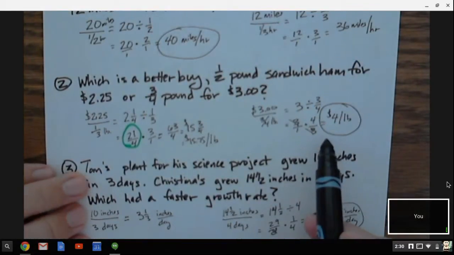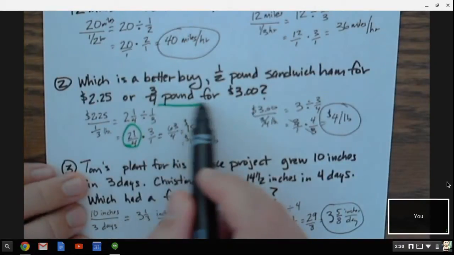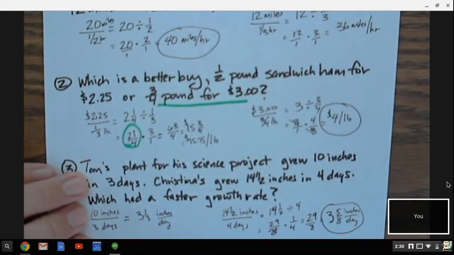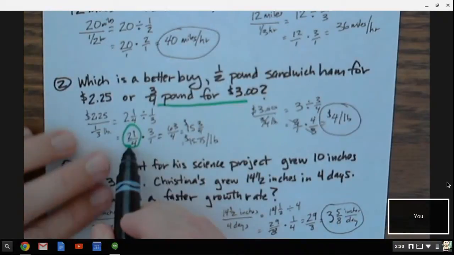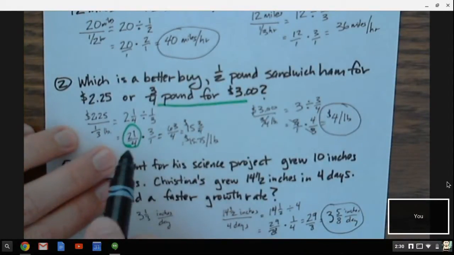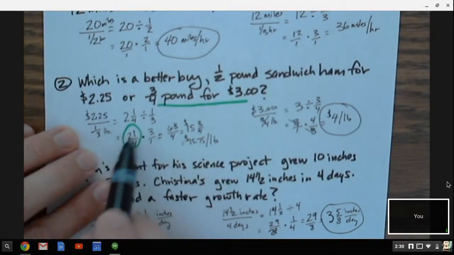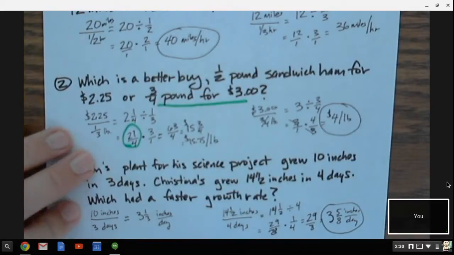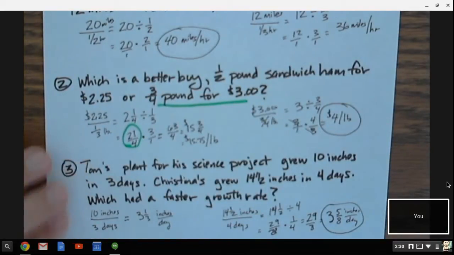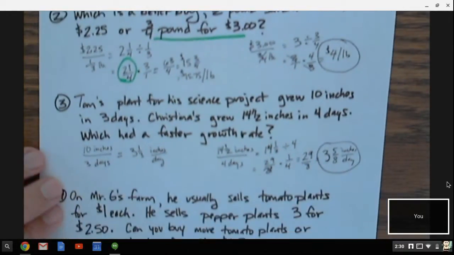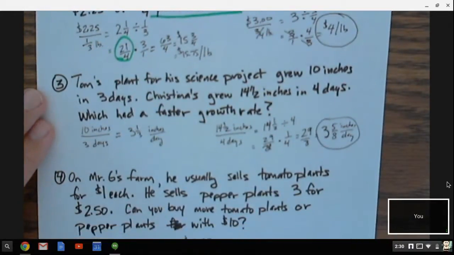Now, in the end, this is the better buy. But if we're looking to grade this student on his fraction operations, this was a minor mistake, and we'll have to come back to that to determine how we'll factor that into his grade. But let's keep going. Let's grade the rest of his quiz.